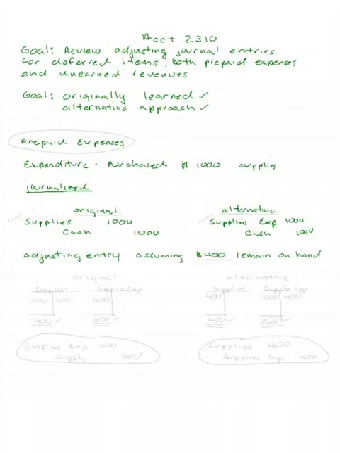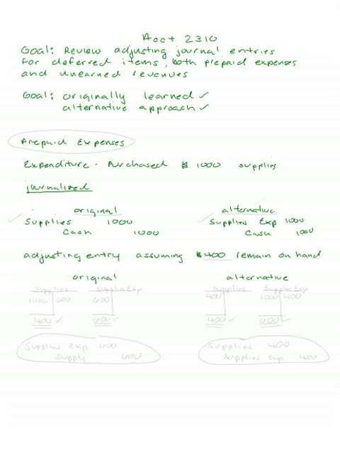Our adjusting entry is going to be made assuming $400 remain on hand. The adjusting entry will depend on how you recorded or journalized it originally. Did you do it under the original fashion, or did you do it under the alternative fashion?